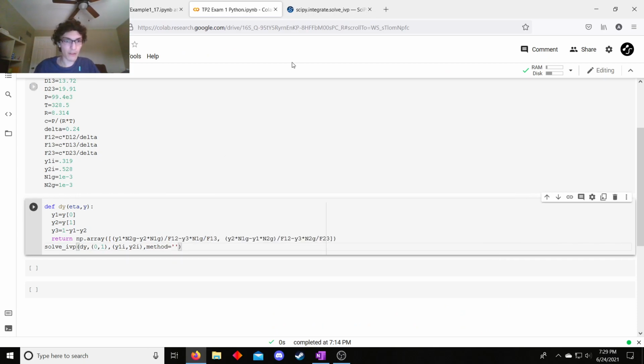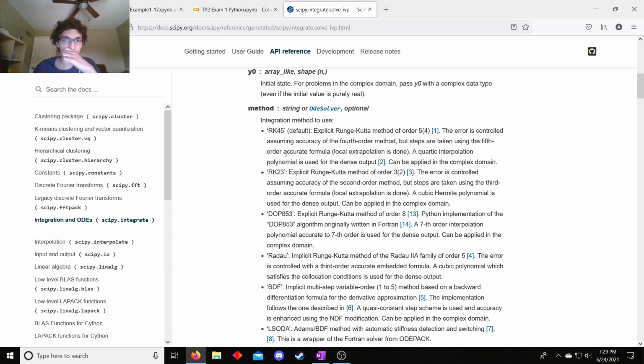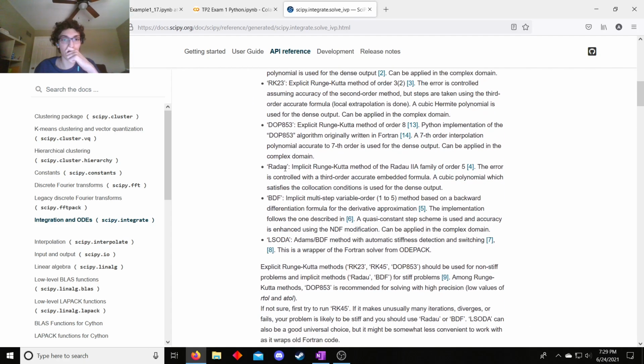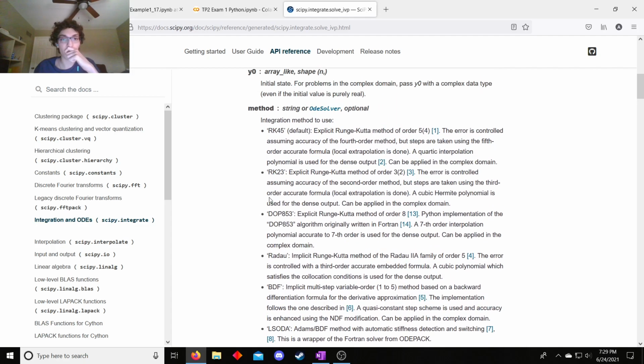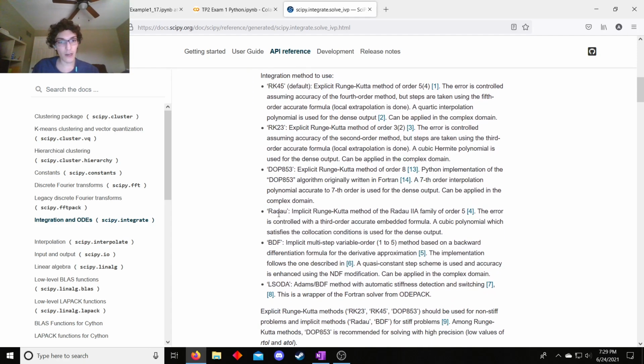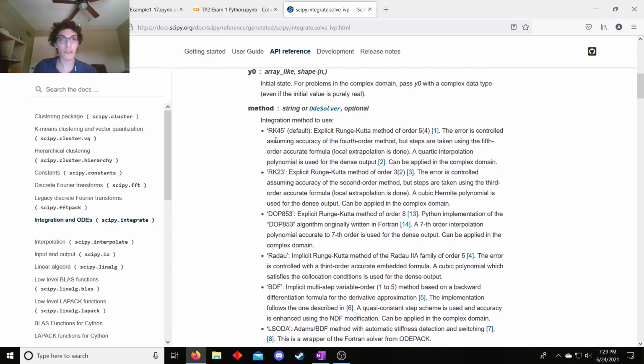So for method here, there's quite a few different methods: RK45, RK23, Radau, BDF. And this is just the method to actually solving the initial value problem. I'm going to be using Radau, but tell me down in the comments below which method is your favorite.